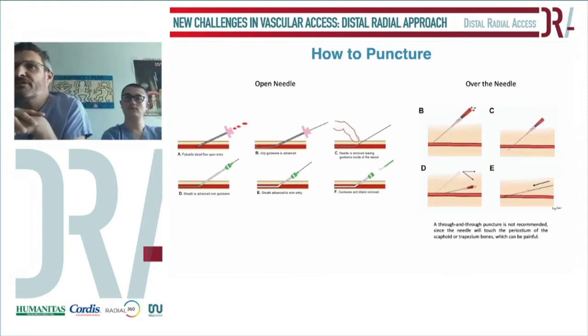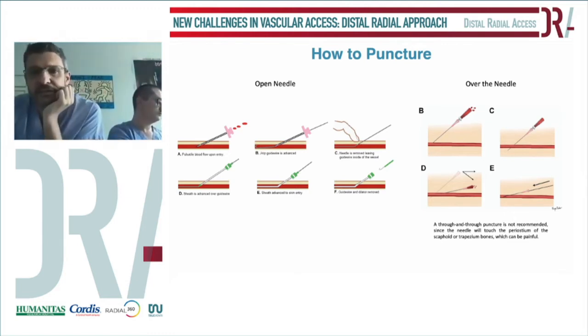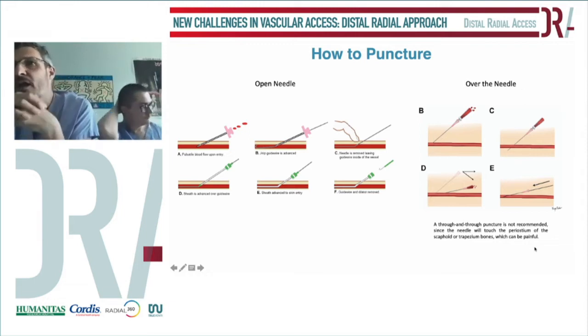As all of you know, there are two different strategies to puncture the artery: one technique uses an open needle, and the other uses an over-the-needle cannula. But in case of distal radial access, it is strongly encouraged to use the open needle, because using the over-the-needle cannula could be painful for the patient.